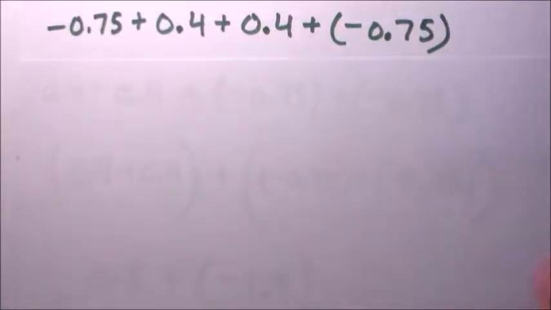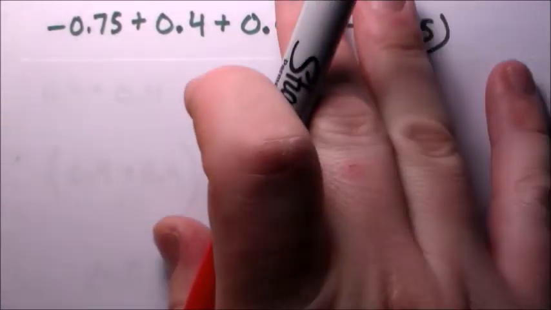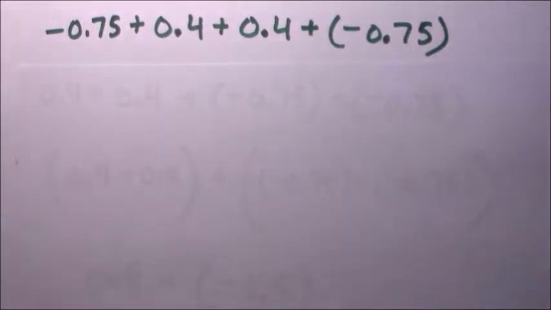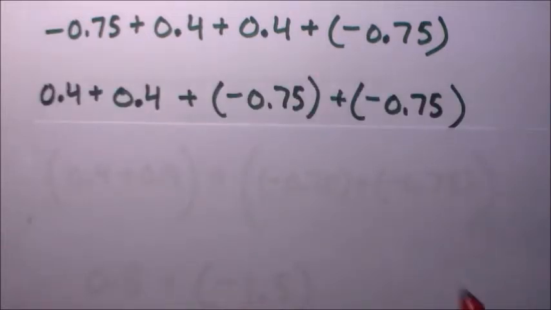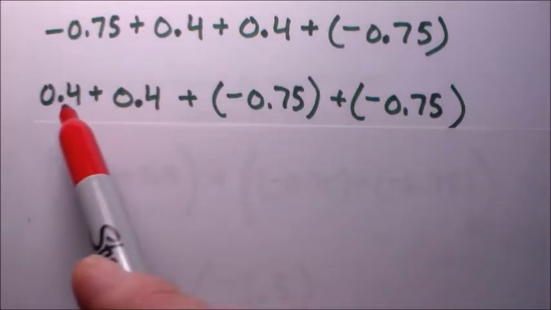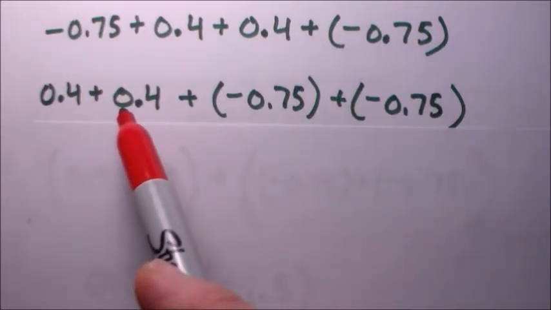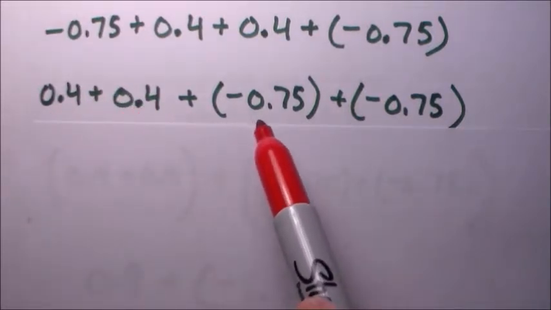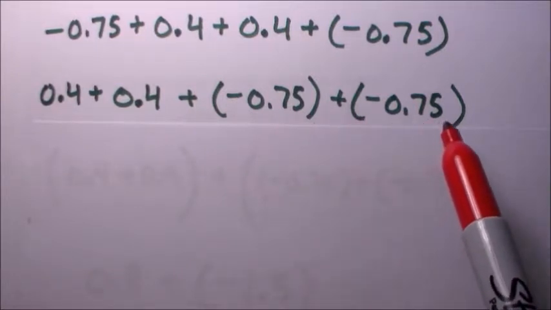Okay, well, what can we do now? If you remember the commutative property of addition that we just talked about, we can shift the order around. We can move the positives to one side and the negatives to another side, because 1 plus 2 plus 3 equals 3 plus 2 plus 1. So let's bring the positives over here and bring the negatives over there. We have positive 0.4 plus positive 0.4 plus negative 0.75 plus negative 0.75.